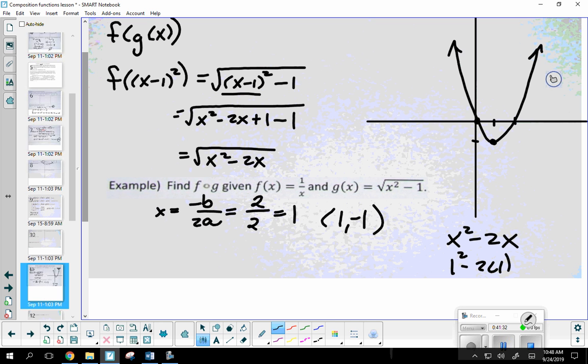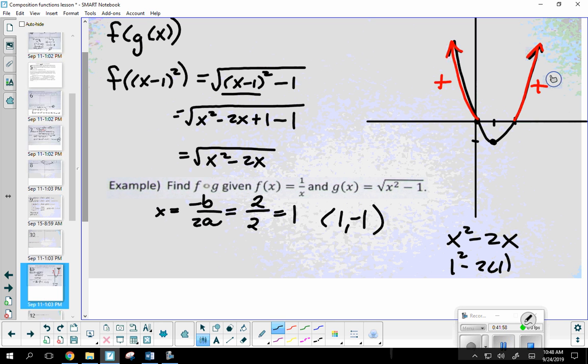So this also connects to our inequality lesson. I'm looking for the places on this graph where it's considered positive. What am I referring to? Where it's above the x-axis. So I want this one right here, and I want this one right here. This is where x squared minus 2x ends up in a positive result.